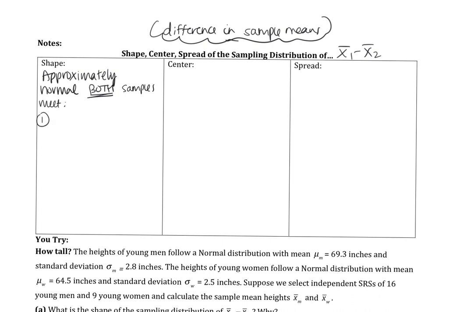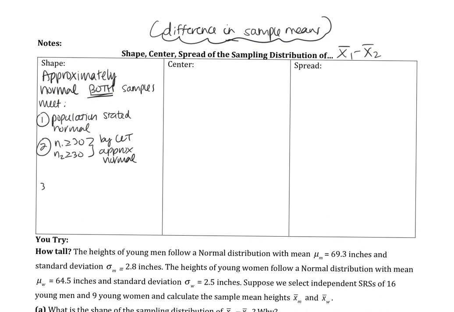Option 1 is, remember that population is stated as normal. Option 2 is that n sub 1 is greater than or equal to 30 and n sub 2 is greater than or equal to 30. That means by the central limit theorem, they're both approximately normal.